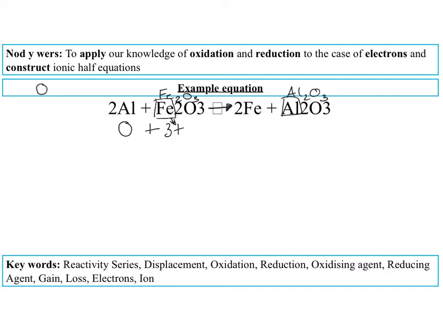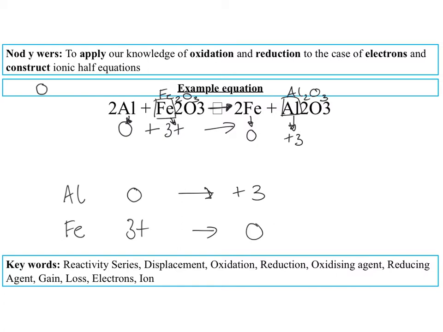Iron has an oxidation state of 3+. Then if it's on its own, it goes to 0, and then aluminium again has an oxidation state of 3+. So you've got aluminium going from 0 to 3+, and you've got iron going from 3+ to 0. So that's what's happening to their oxidation states.